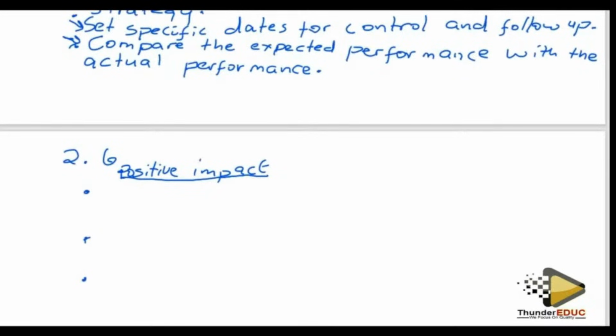So now here we are saying lower bad debts resulting in better cash flow.